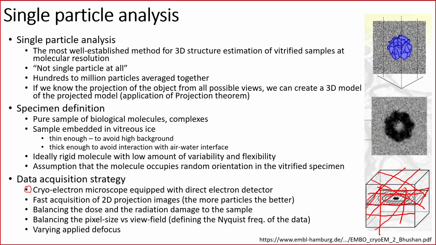The higher the readout speed of these electron detectors, the faster we can acquire our micrographs, which are, of course, 2D projection images of a plane of a specimen. We need to be aware that the more we irradiate our sample, the more signal we get, yet the more we irradiate the sample, the more radiation damage we introduce.